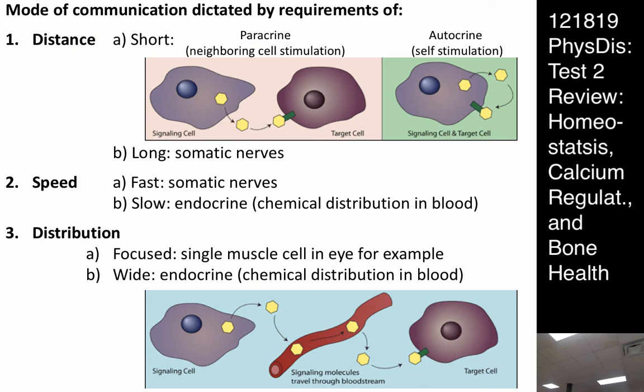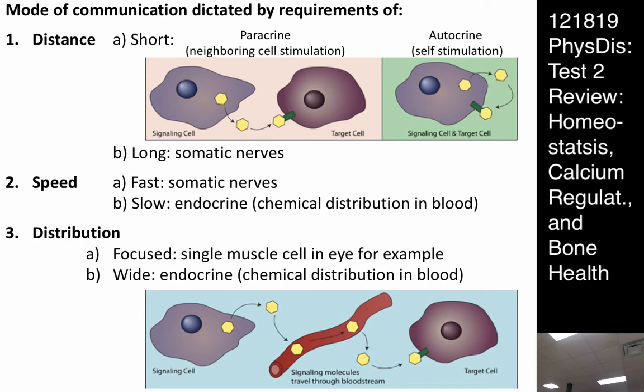Speed, how rapidly it needs to happen. Is it a long-term growth homeostasis, or is it a rapid response to something? Or is it somewhere in between? So the distance, the speed, and then this idea of distribution.